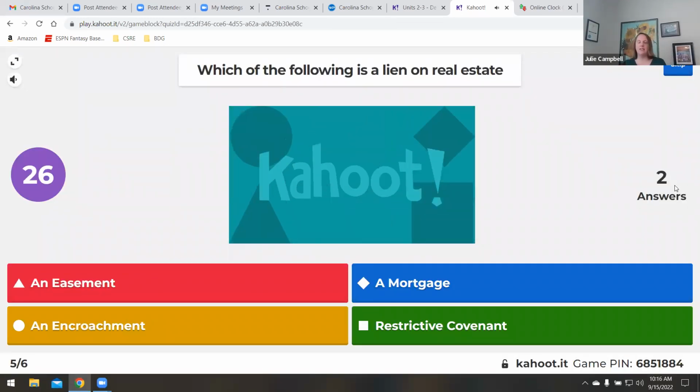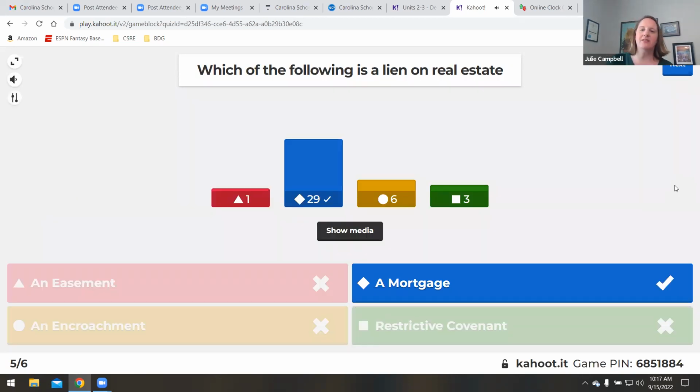Which of the following is a lien on real estate? When you see lien, see the word loan. If somebody has a lien, it's because you owe them some money.